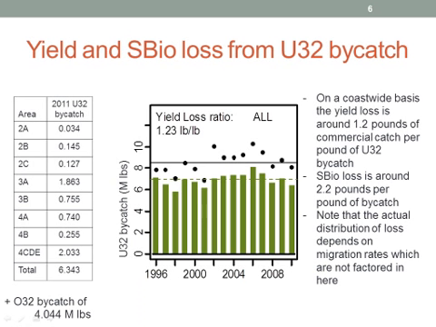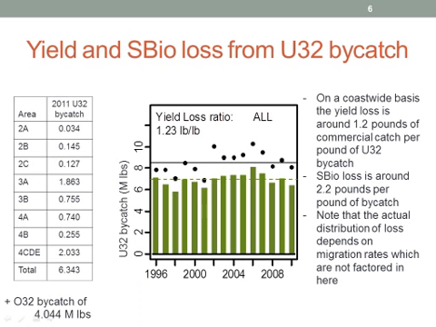The black dots above each of those bars is the estimated loss at our current target harvest rates of the yield to the directed fisheries, principally sport, subsistence, and commercial. Because the black dots are higher than the green bars, that indicates that for each pound of U32 bycatch, the loss to the directed fisheries is actually more than a pound. It's on the average 1.2 pounds.